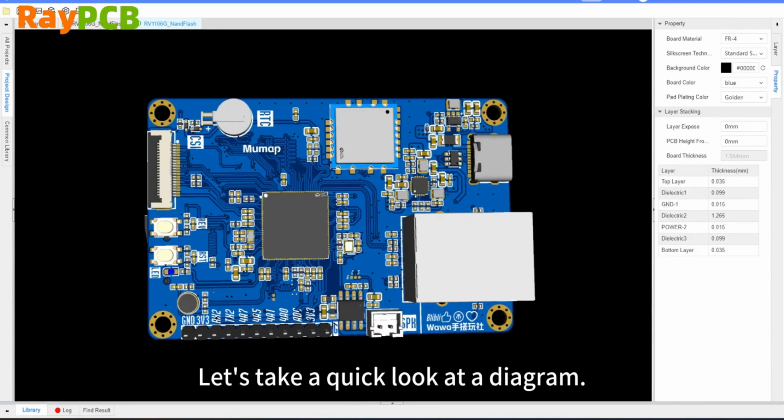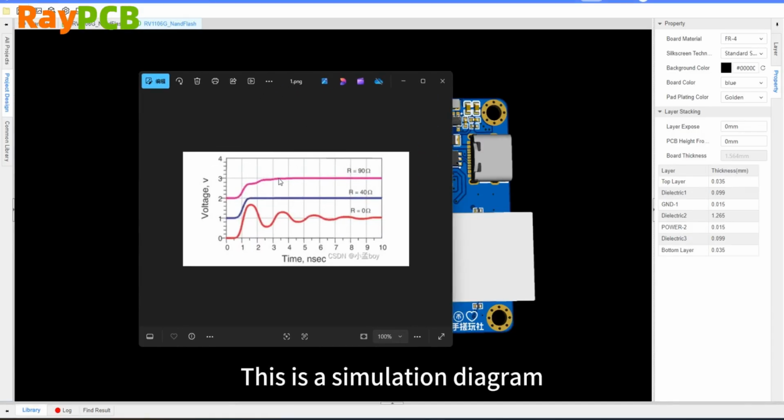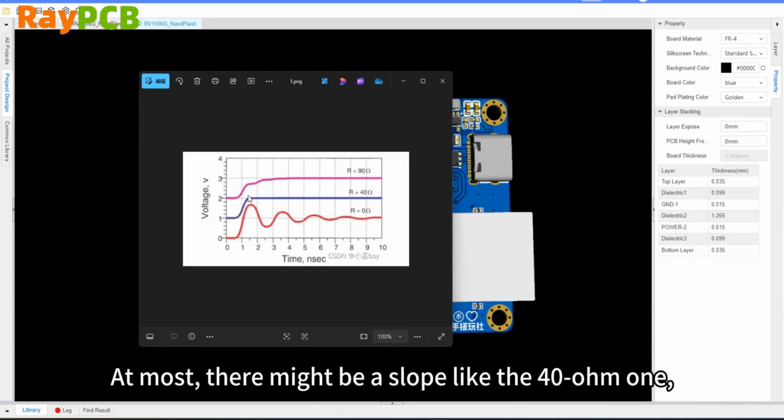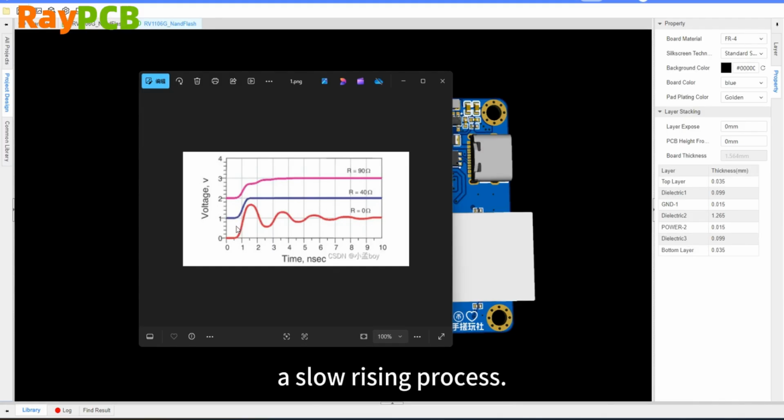Let's take a look at a simple schematic. This is a simulation diagram. It shows how a signal with a rise time of about 1 nanosecond or less behaves under different impedances. We understand that it should be a transition from a low level to a high level, with at most a gradual slope like the one at 40 ohms, where the rise is relatively slow.